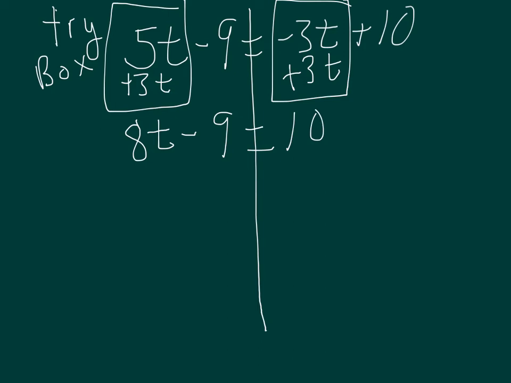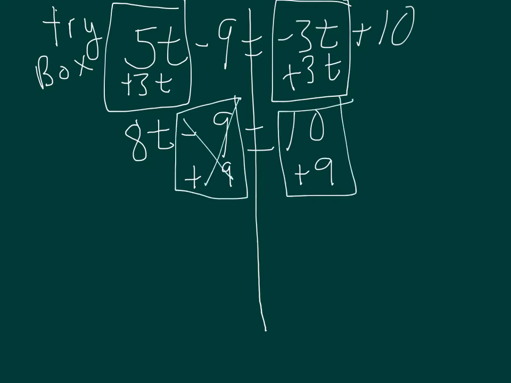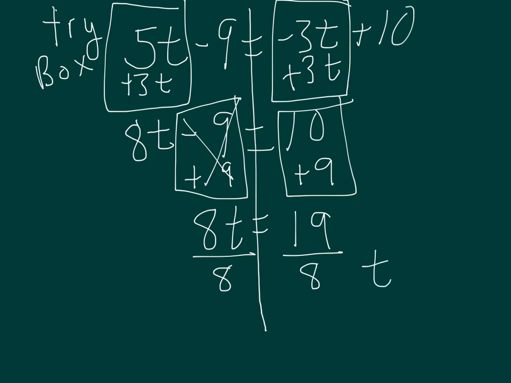Now it's a two-step. We're going to add 9 to both sides, using my addition box here. Cancel those out. 8t equals 19. And then we divide both sides by 8. And that gives us t equals 19 over 8.